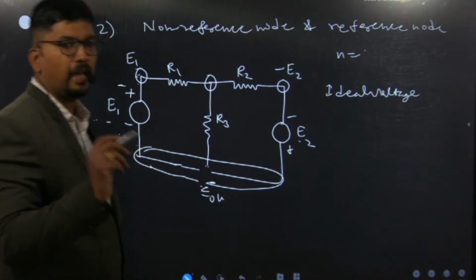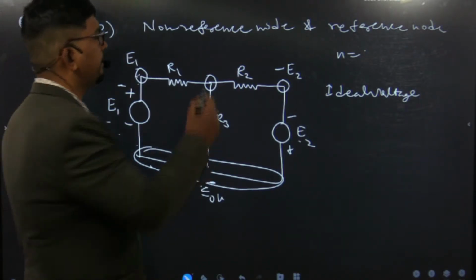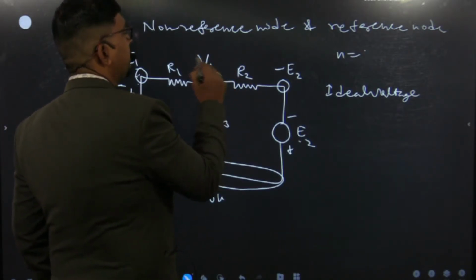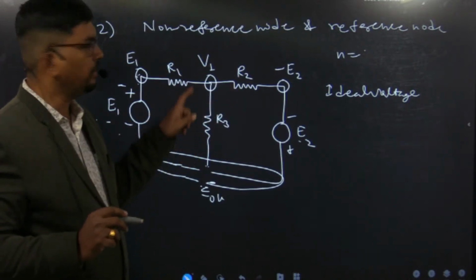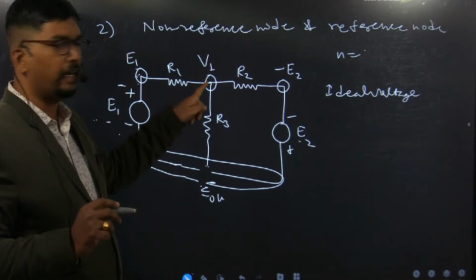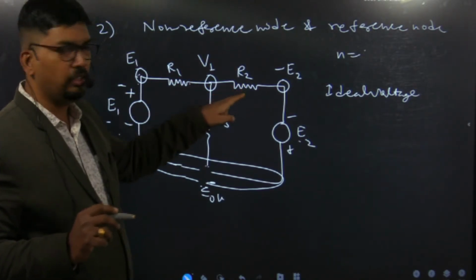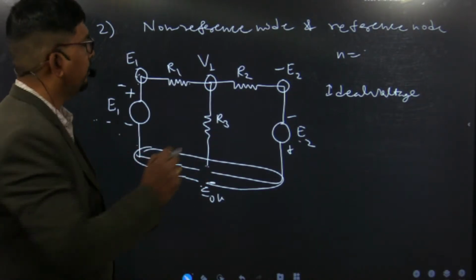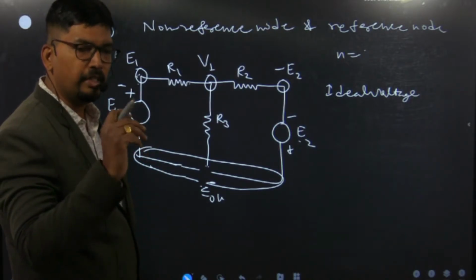After checking the ideal voltage sources, we have to find how many non-reference nodes there are. There is only one non-reference node, which we will assume as V1. So in this circuit there is only one unknown, which is V1. We will apply Kirchhoff's current law at this node. There are three elements, 1, 2 and 3, so there will be 3 currents. Now, there are all 3 resistances, so the current in each resistance will always be outgoing.